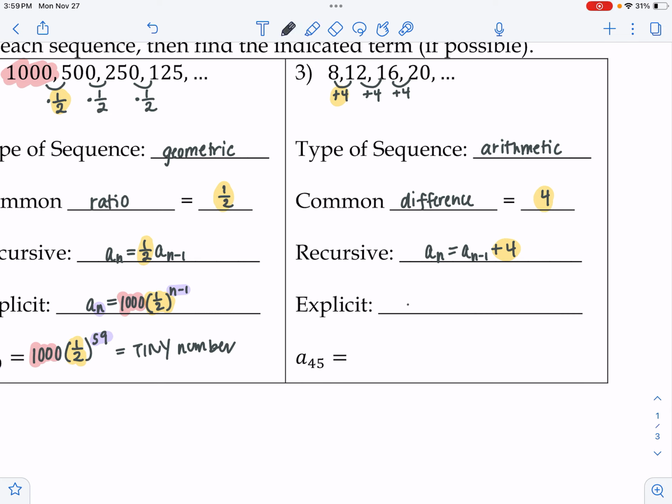The explicit formula is the useful formula because it starts with the first term. Take the first term, which is 8, and we're going to add 4 to it, n minus 1 times. That n minus 1 is not in the exponent, so be very careful. It's got to be the same size as the 4.